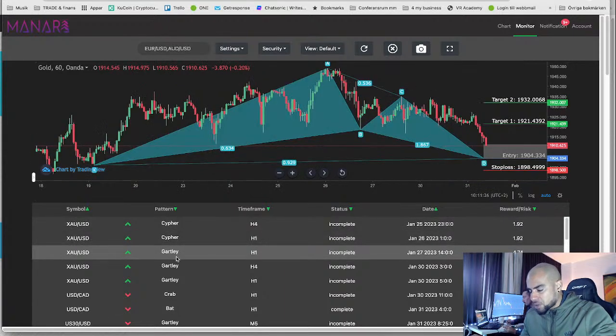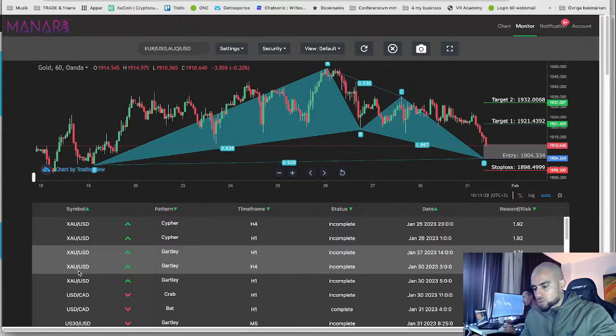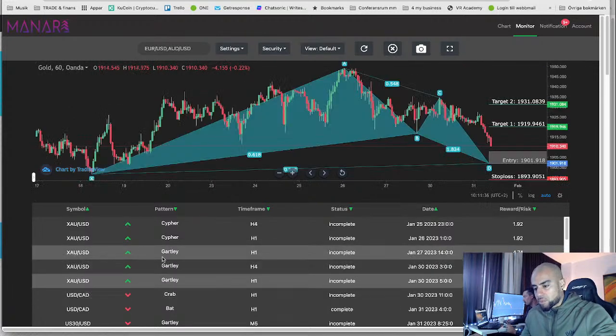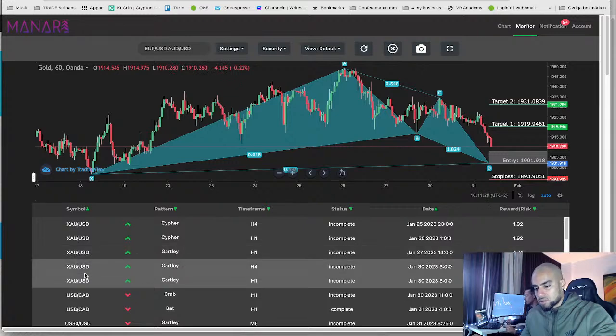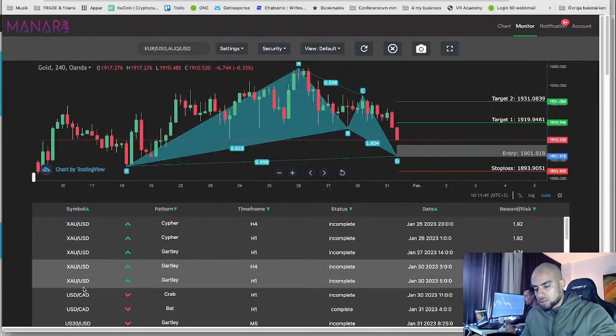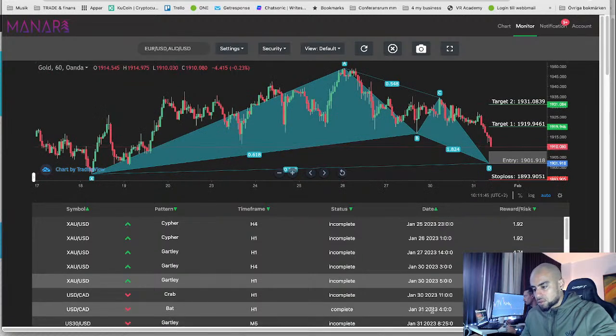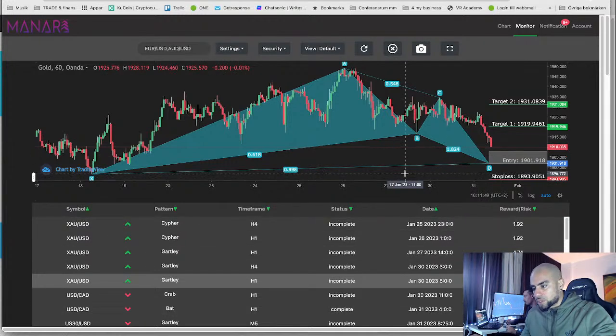There's a lot of patterns here, but all of them are incomplete when it comes to gold. I don't see one single one that is completed. Gartley. So we get 3 Gartley patterns. Funny. This one got a lower entry. Okay, so we're going to take a look at the buy opportunity for gold later.